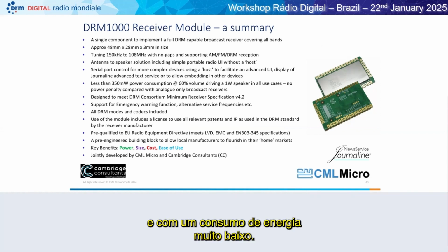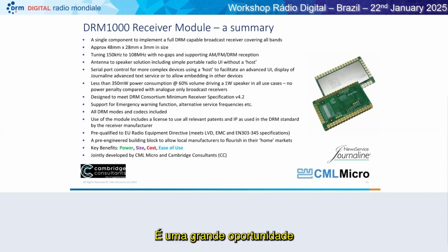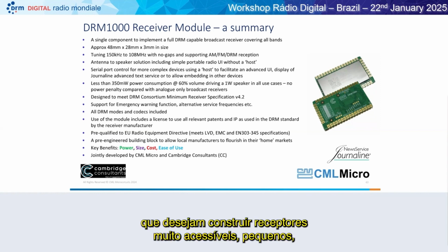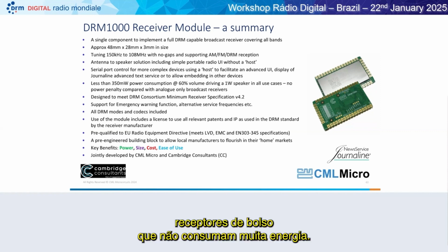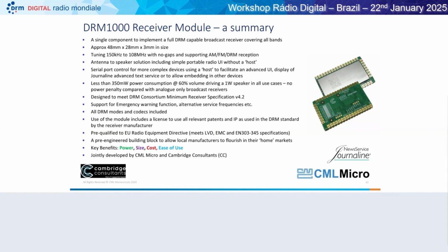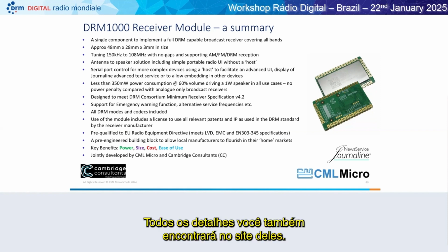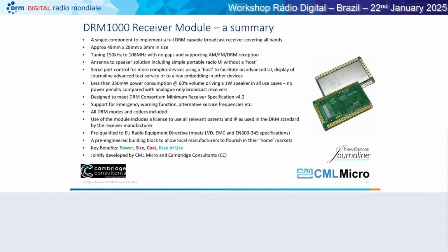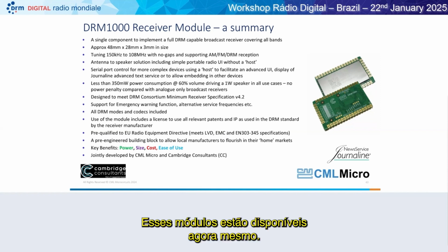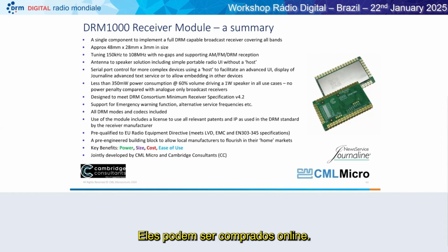It's small and very low in power consumption, and I think it's a great opportunity for manufacturers who want to build very affordable receivers, small receivers, and pocket receivers that don't consume a lot of energy. All the details you will also find on their website, and these modules are available right now. They can be purchased online.